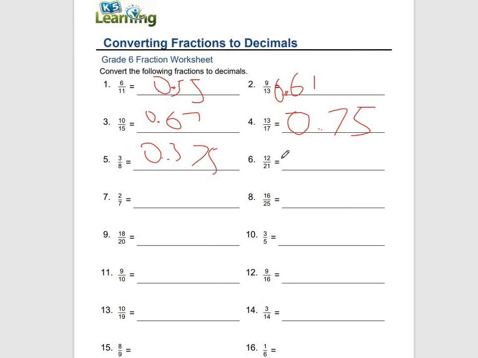Making this a total of 0.56, and I can stop there because I only want 2 decimal points.